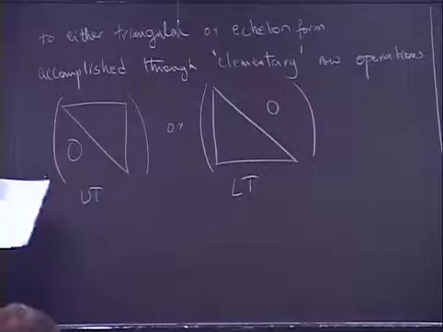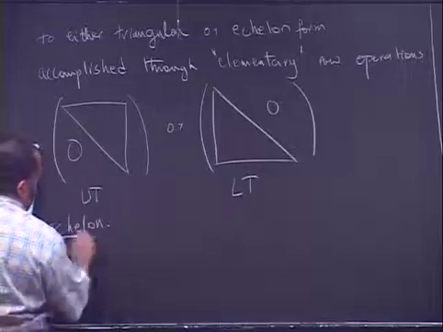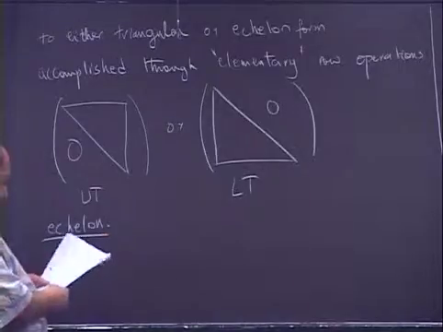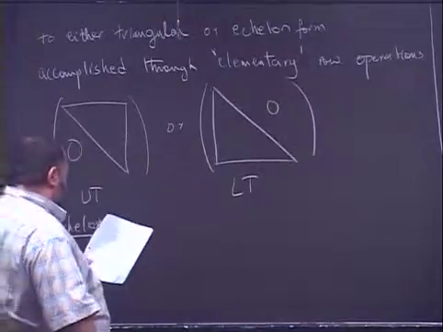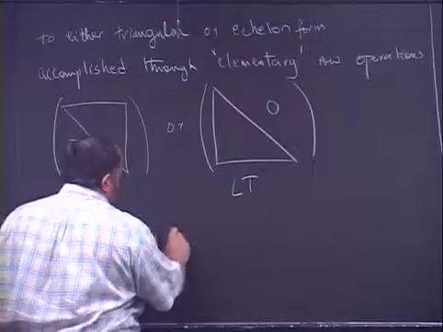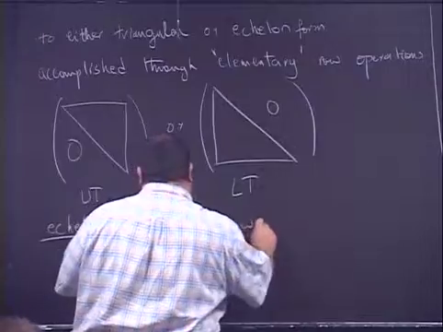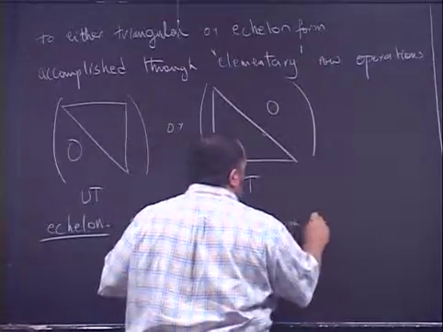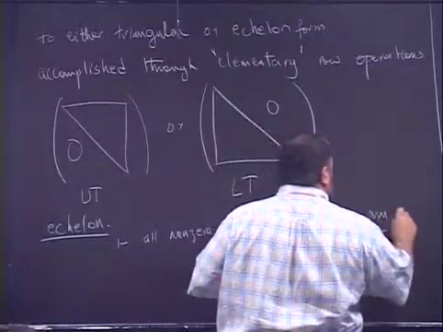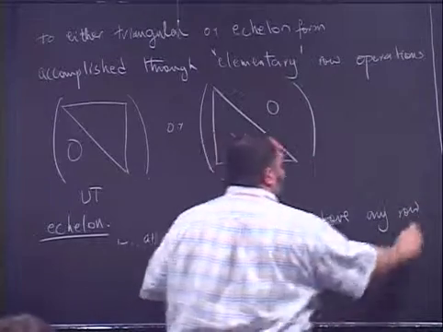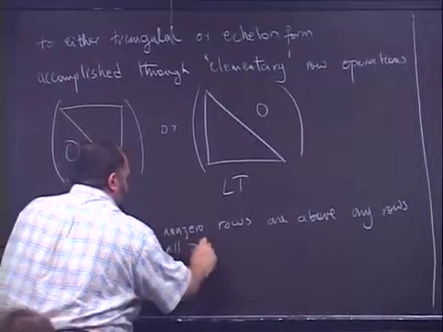So what about the echelon form? The echelon form has two properties. One, all non-zero rows are above any rows of all zeros.